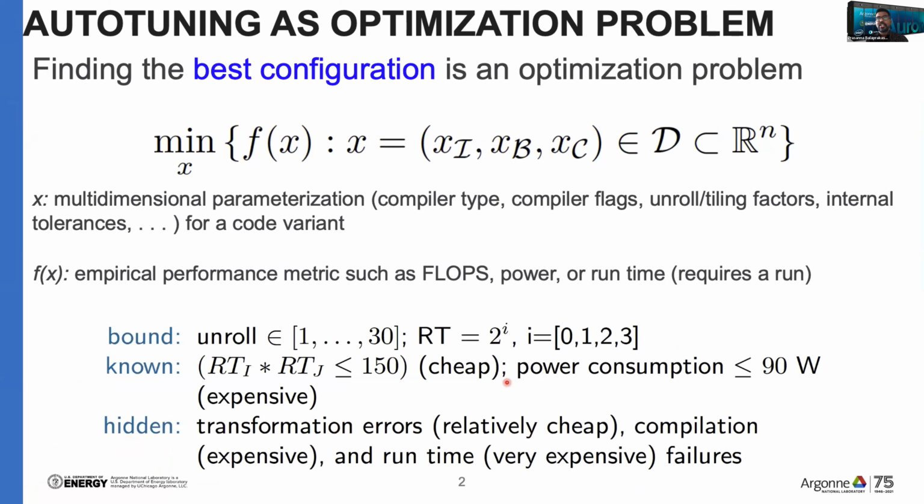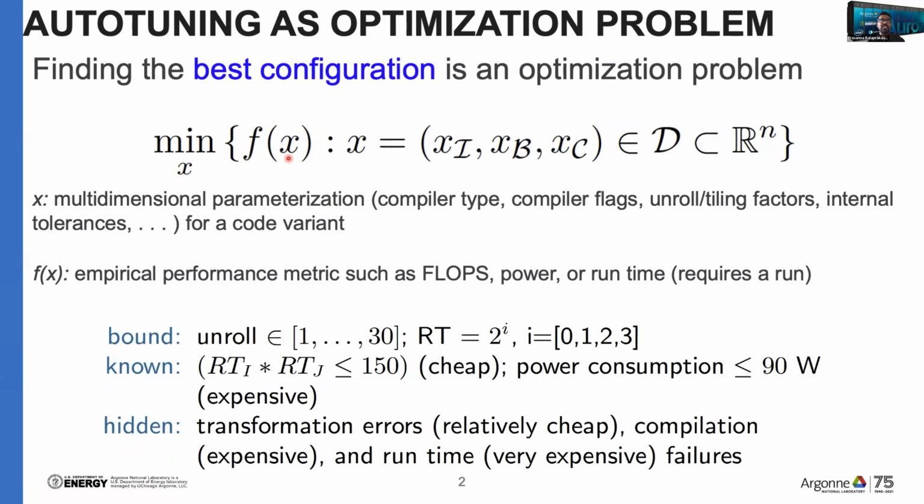So auto tuning: we formulate the auto tuning approach from a more mathematical optimization perspective. Finding the best configuration of an auto tuning problem, we see as an optimization problem where we minimize f of x. The x is the parameter configuration that we want to find, and f of x is an objective function.